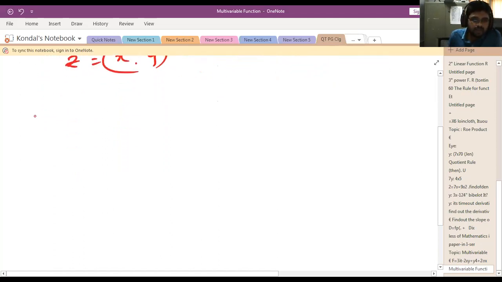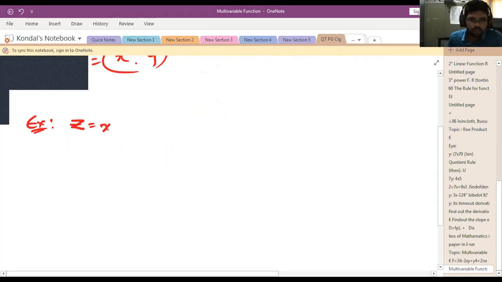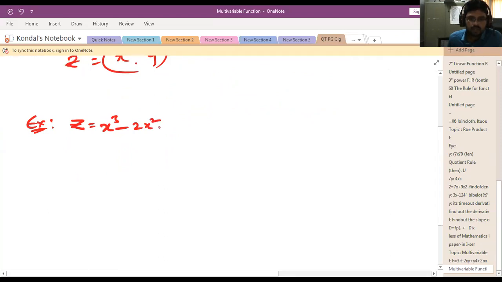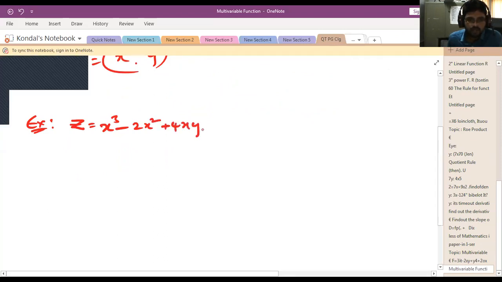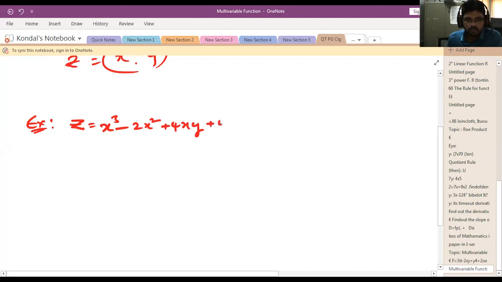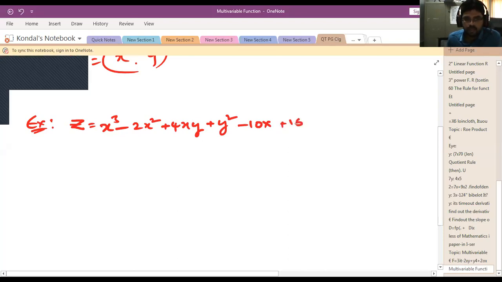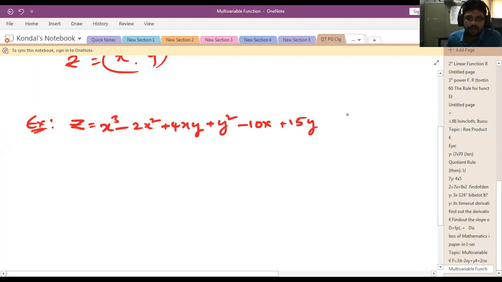So for example, you can take z is equal to x cube minus 2x square plus 4xy plus y square minus 10x plus 15y.